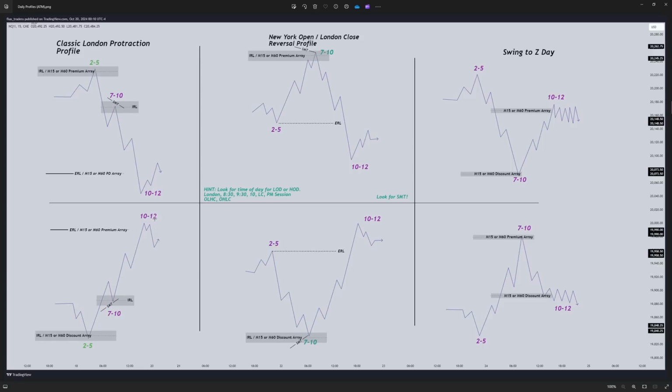That does not mean that we're going to completely disregard our other timings and how we use those. I'm going to show you how those play into this. But specifically for profiling, these are the timings we're going to use. So New York is between 7 to 10, London close between 10 to 12, London open between 2 and 5. So study these four, and I'll show you how it plays into the rest of the things.